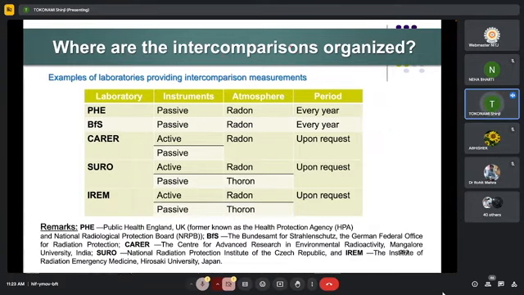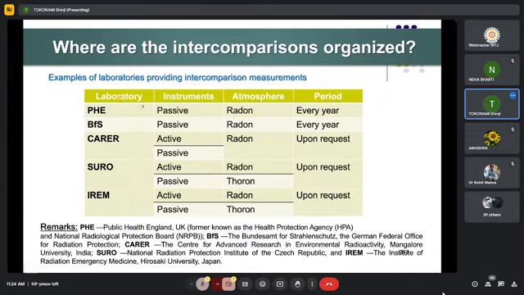Where are the intercomparisons organized? Here are examples of laboratories providing intercomparison measurements. I will show you 5 reference laboratories. In the UK, the target instruments are passive only, and a radon atmosphere can be available.